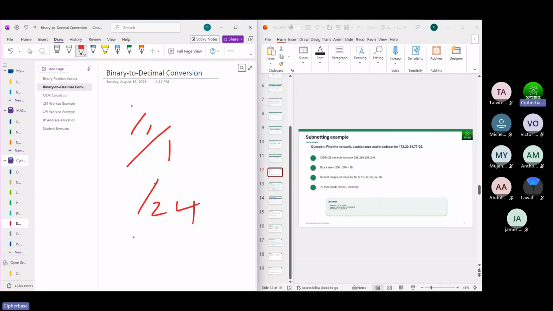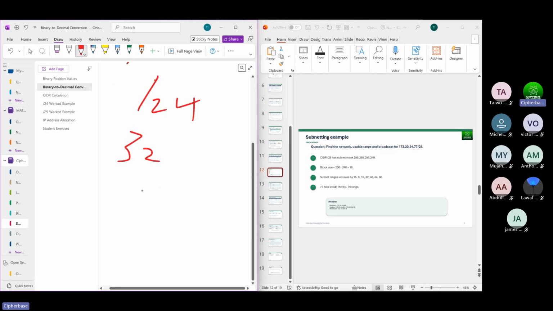When we started, we said that we have 32 bits for the whole IP address. The one that I want to work with now is that /24, as we want to proceed. So we have /24 and we have the OSI.